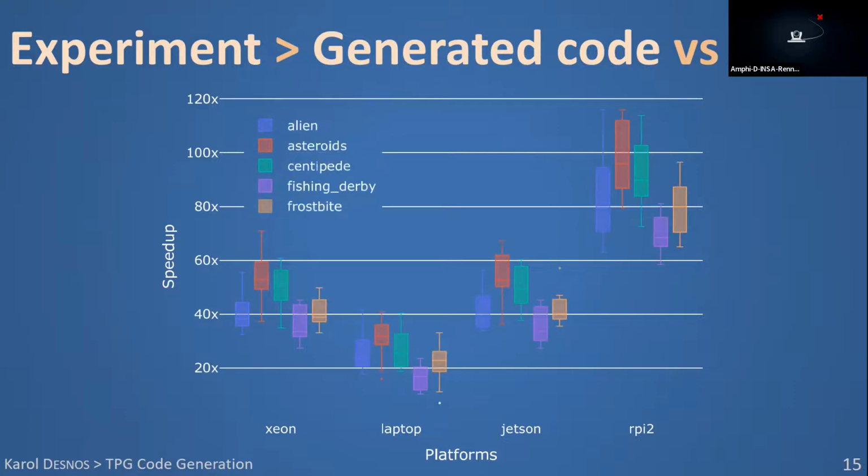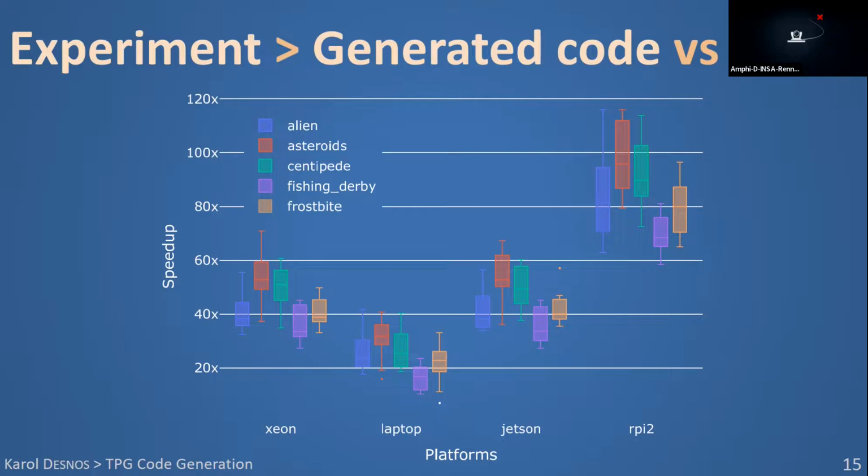The results are presented for each game that we trained on. And as you can see, we have on average a speed up of 45 on the Xeon architecture, a bit more than 25 on the laptop, around 45 also on the Jetson architecture, and on average 85 times faster with the generated code than when we are using the framework on the Raspberry Pi 2.